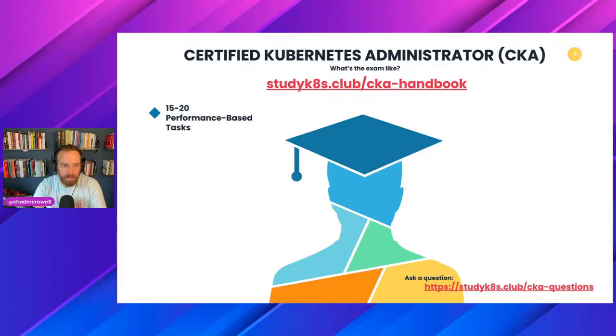The handbook will also tell you that there's 15 to 20 performance-based tasks, and we'll have those tasks that we discussed before, which include performing those kubectl commands or the like inside of the terminal. You have 2 hours to complete those 15 to 20 performance-based tasks. So 2 hours seems like a lot, but it does go by quickly.